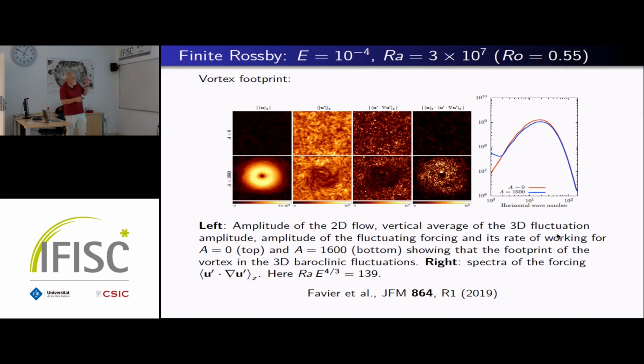And you can see very easily that there is a very nice footprint of the presence of the vortex. Essentially what the vortex is doing, it's arranging for the phases of the small scale fluctuation to allow it to take energy directly from small scales into the largest box scale, bypassing the energy cascade, that inverse energy cascade. And you can see that in the appearance of the energy here at small scales in the case where I initialize the system with this large scale vortex.